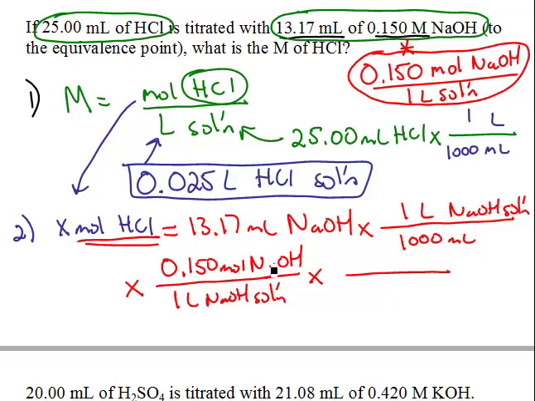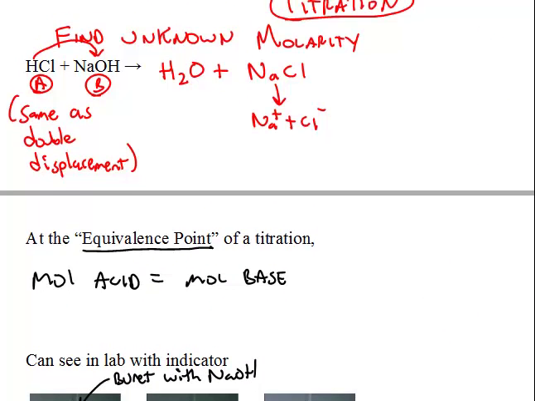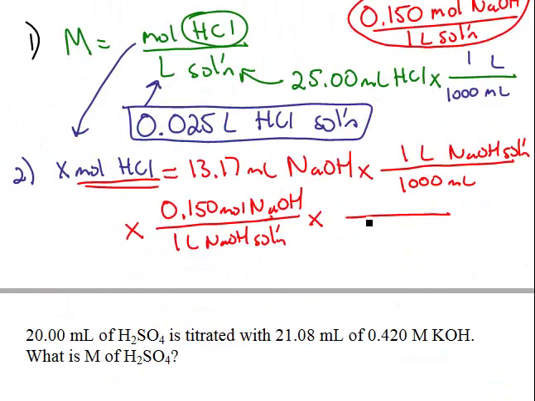We want to turn moles of sodium hydroxide into moles of hydrochloric acid. What relates those two things together is the balanced chemical equation, which in this case is a 1-to-1 mole-to-mole ratio. So that tells you 1 mole of sodium hydroxide reacts with 1 mole hydrochloric acid.